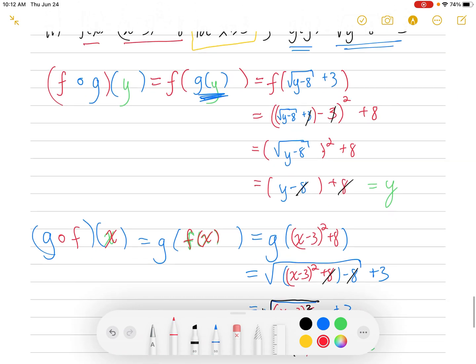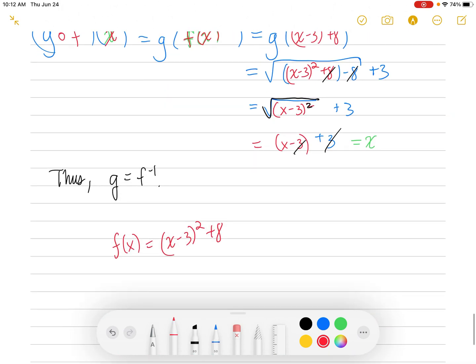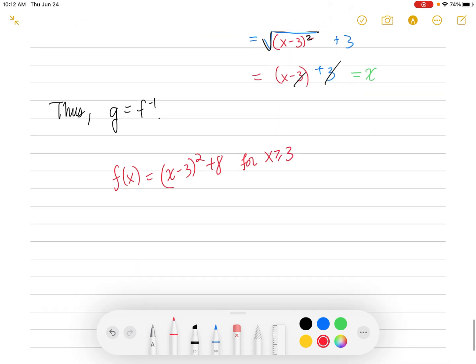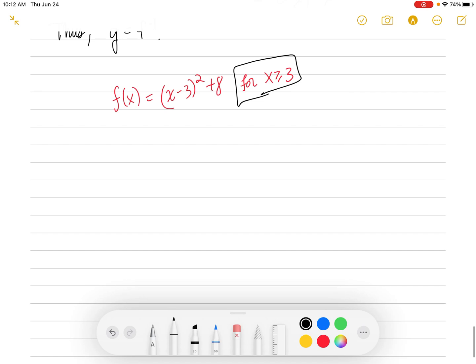So I have this function f of x equals x minus 3 squared plus 8, right? That's our red function. And you got this strange condition here. We never actually used it directly when working through this verification process. Why do we need that x is greater than or equal to 3?